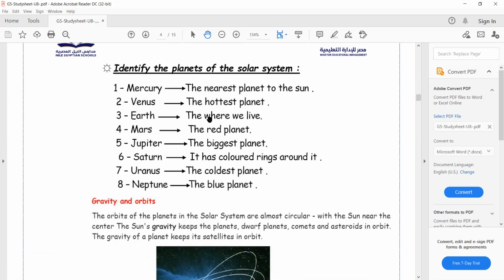Earth, the planet where we live, contains all forms of life. We didn't discover another form of life in any place except the Earth.